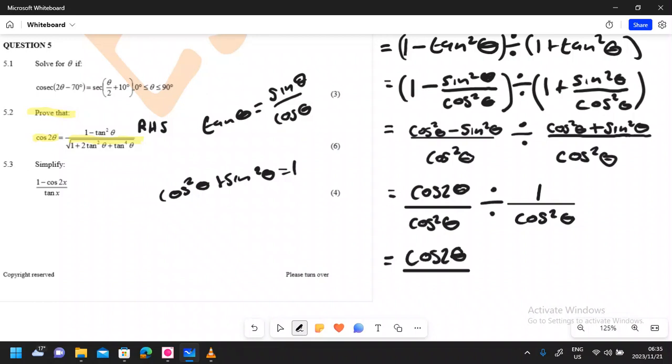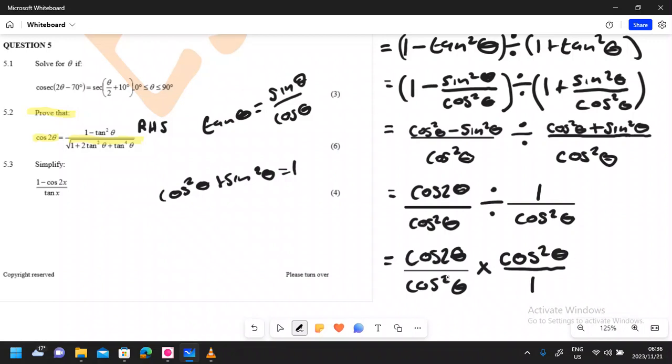Alright, now from here we can rewrite this as cos 2 theta divided by cos squared theta. Now remember, we can change this sign and make it multiplication. But when we change this sign to multiplication, don't forget that the denominator becomes the numerator and the numerator becomes the denominator. So we're going to have the numerator cos squared theta divided by 1.